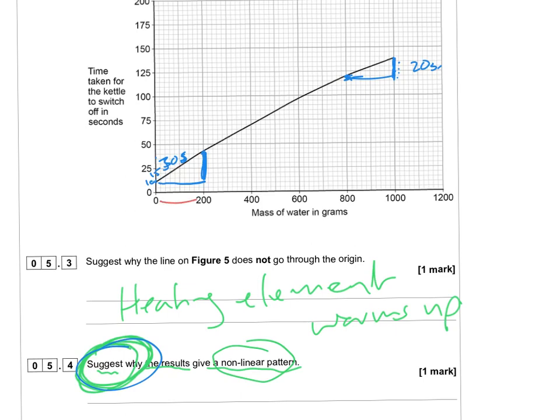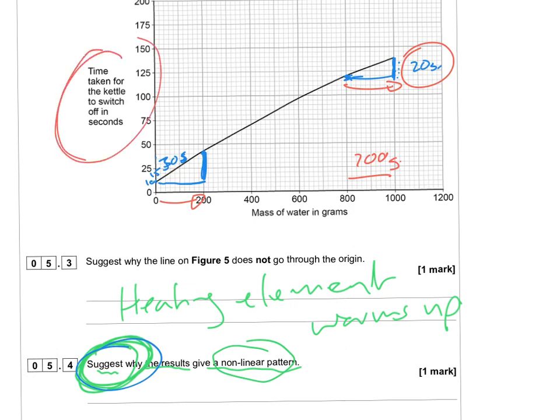So the increase in extra time taken by adding another 200 grams is not linear. It seems to be a bit quicker for that extra 200. Well, why must that be? If it's a bit quicker, that means we're clearly not losing as much energy.